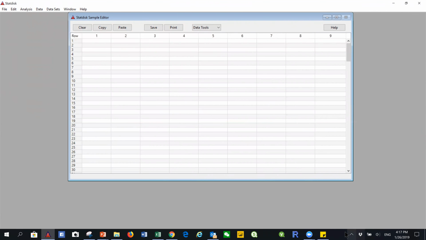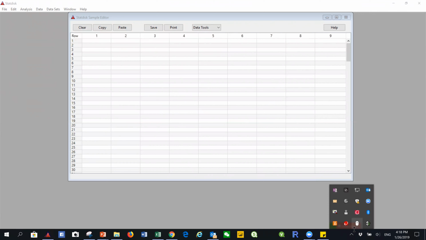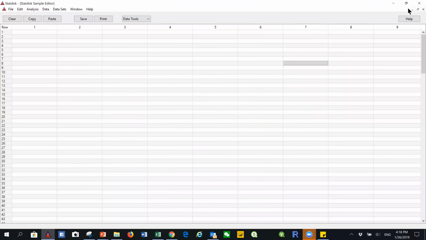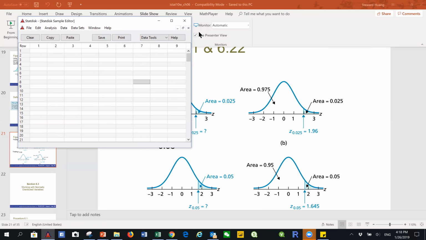I don't mean it's very powerful or the best. No, it's just convenient, very handy. If you want, you can download it from statdisk.org. You can download a copy for yourself, or just use the online version. I prefer to download it here, so you can see.